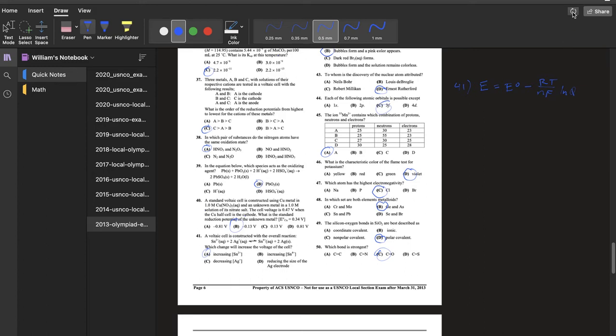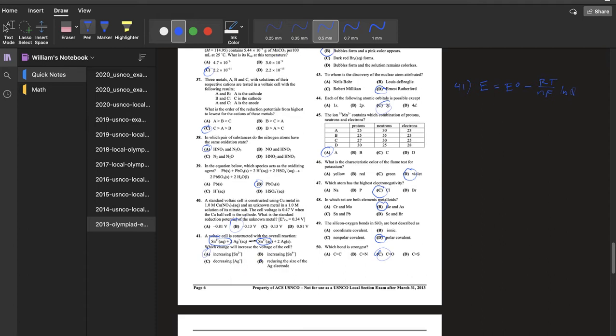If Q gets smaller, E will grow bigger than E naught because we have a minus sign here. So we essentially want Q to get smaller, and therefore this concentration to increase while this one either stays the same or decreases. So A obviously addresses that problem by increasing the concentration of tin 2+.